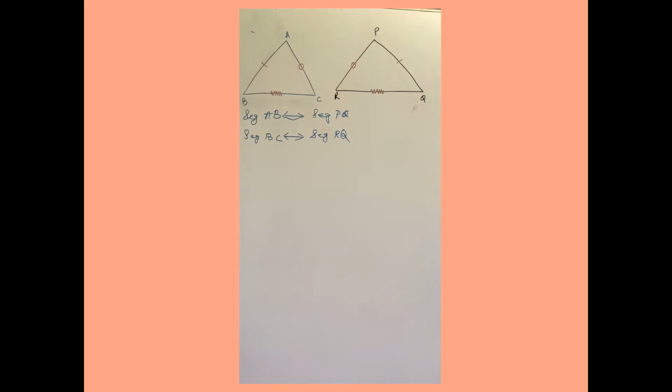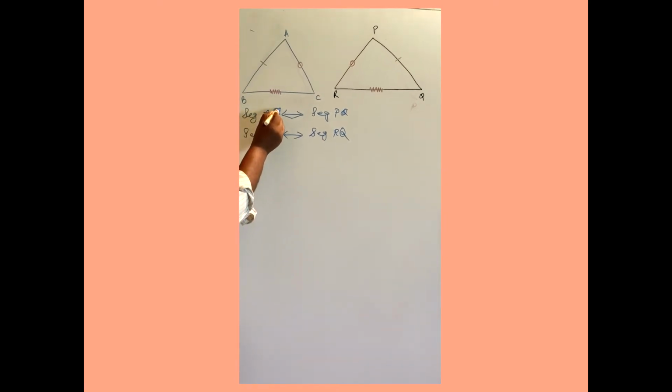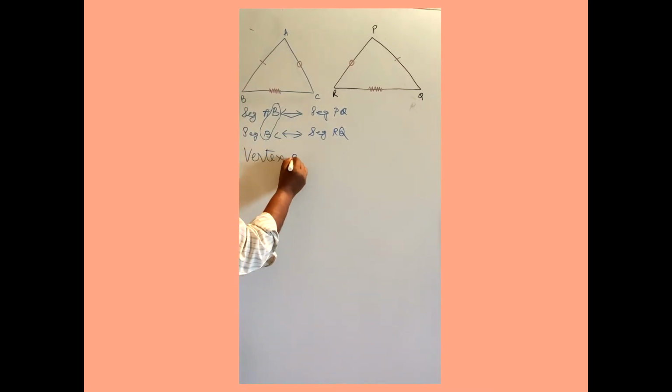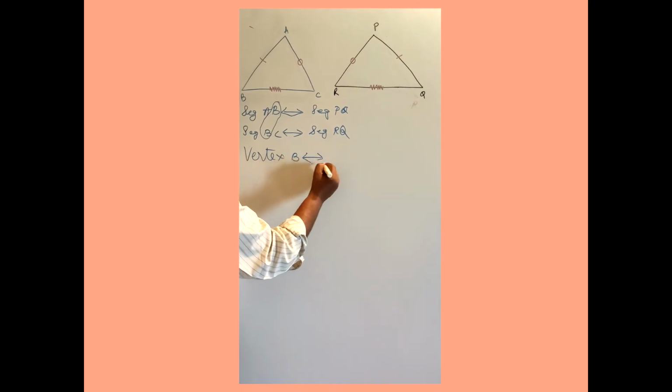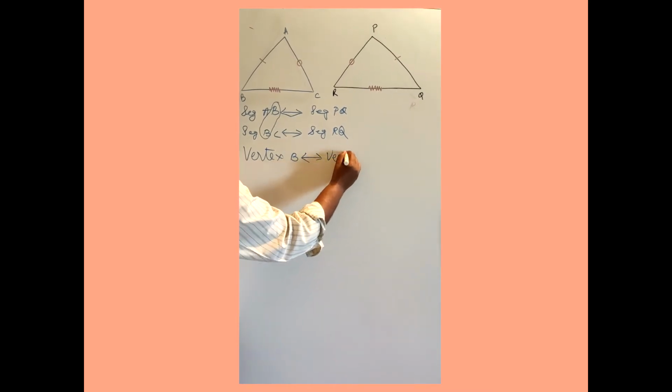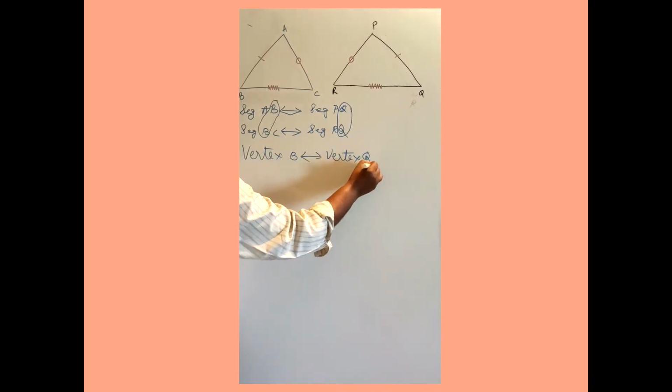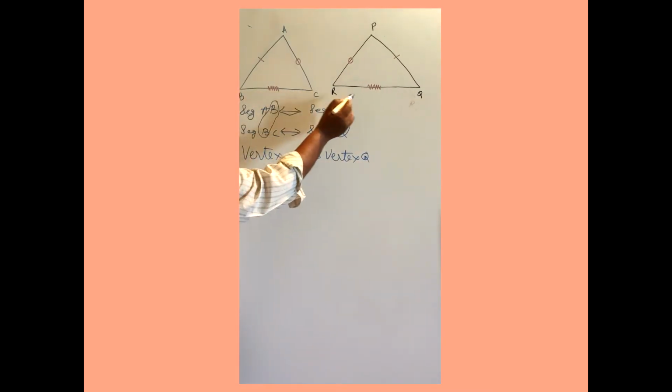We will see what is common from these two. So we have vertex B corresponds to vertex Q. Got it? See here, Q.